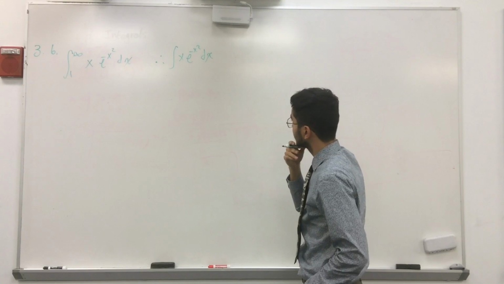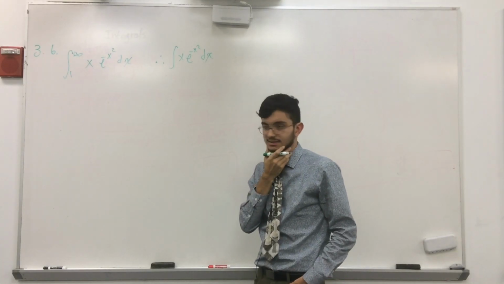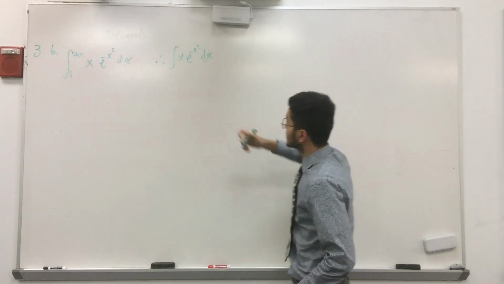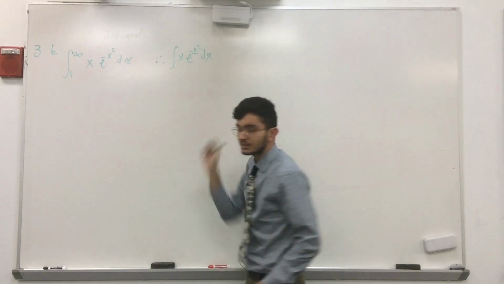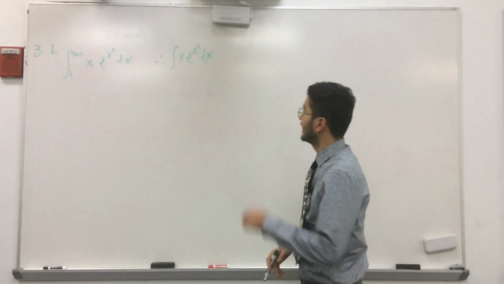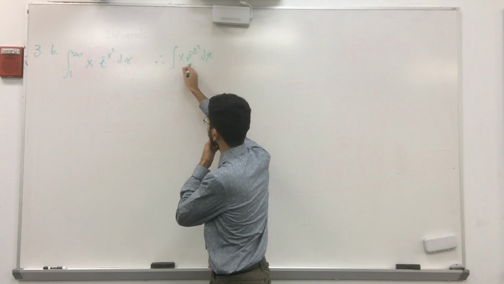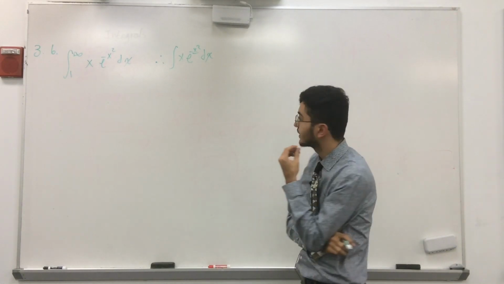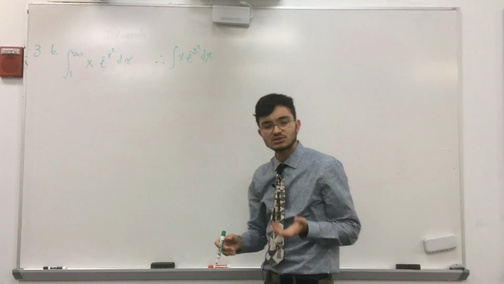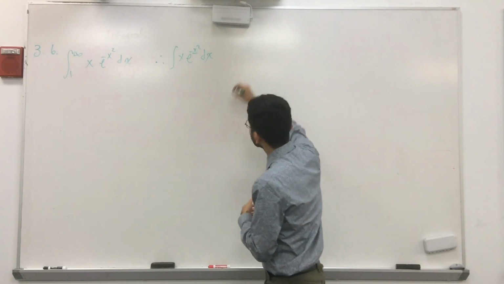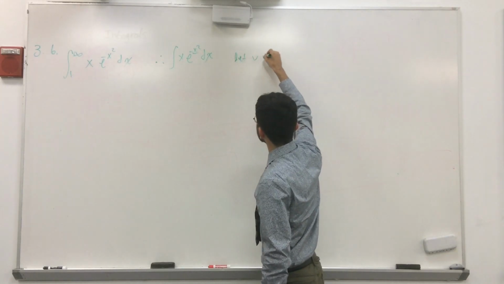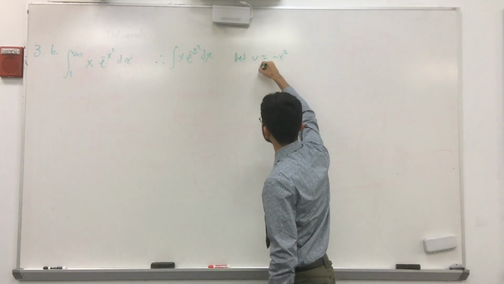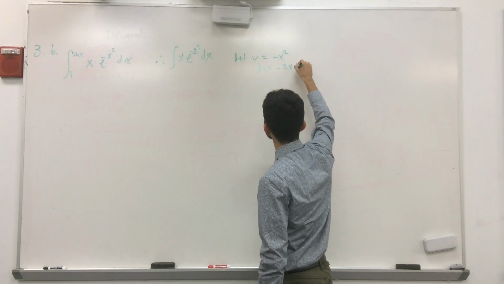But you could argue that it's not necessary, because as you can see, the power over here is negative x squared, and we have the function x, the linear function, and then we have a square function. So we could use a u substitution. How about we let u equal negative x squared, so that du is going to be negative 2x dx.